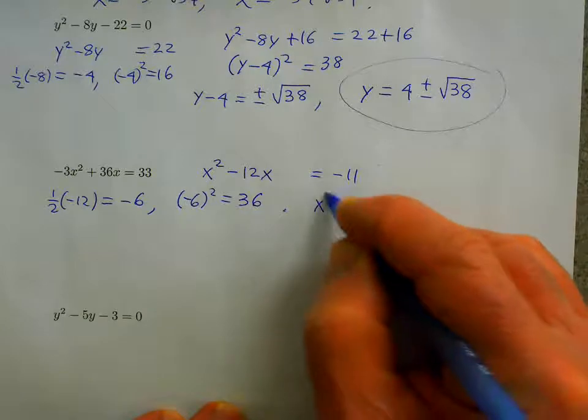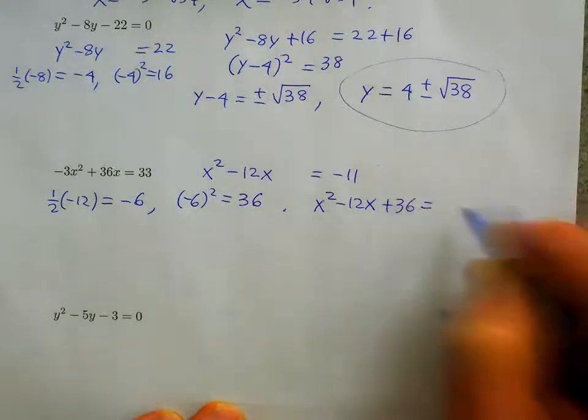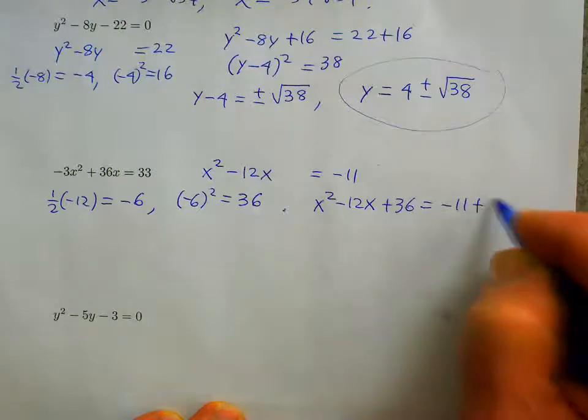And we get x squared minus 12x plus 36 equals -11 plus 36.